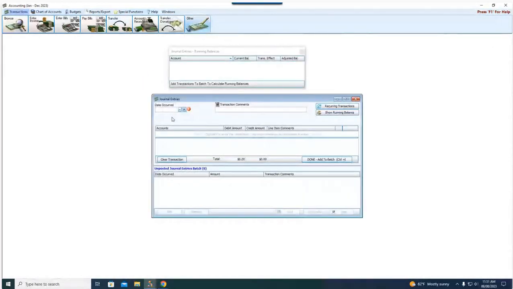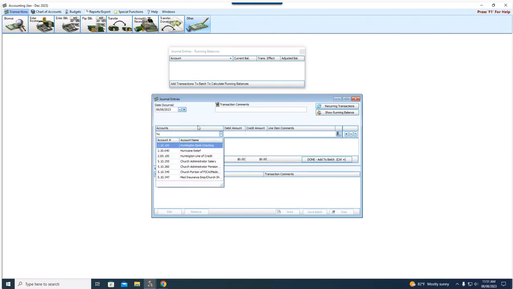I'm going to date that today, and I'm not going to post it to Columbia Gas. What I'm going to do is post it to my Huntington Bank checking account, debiting $912.46, and I'm going to credit that money back to my general fund, okay? I don't need to put it back into the vendor account because I've now got it at 0 right where I want it to be, okay?